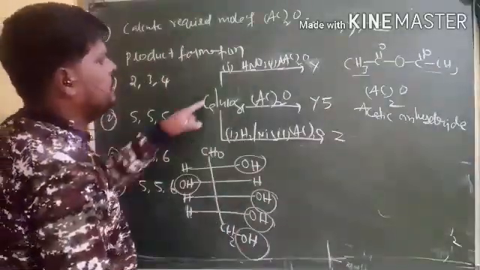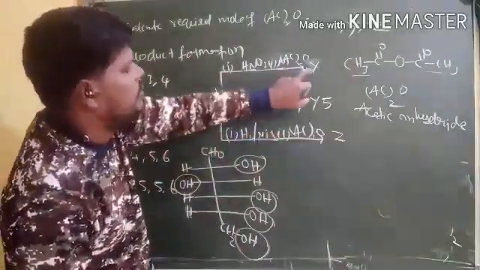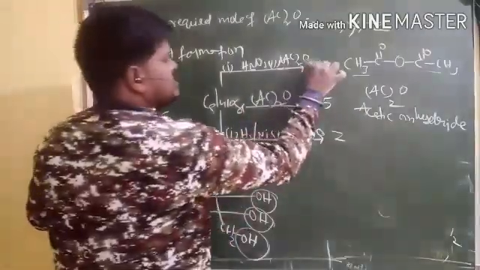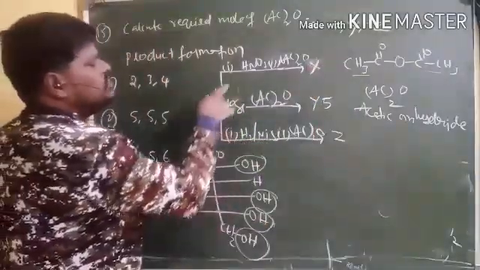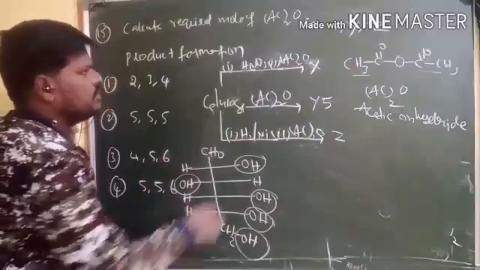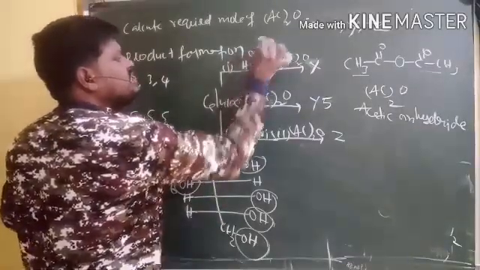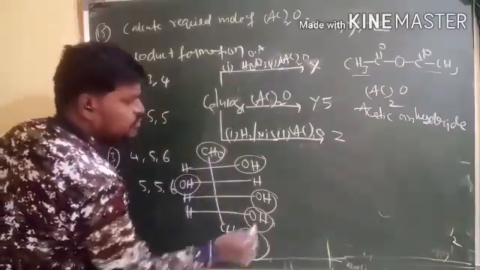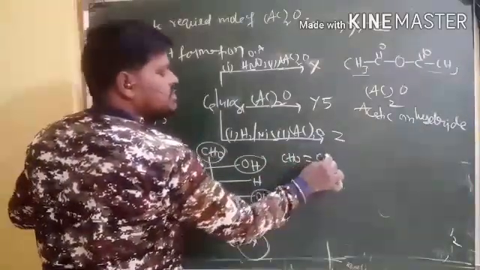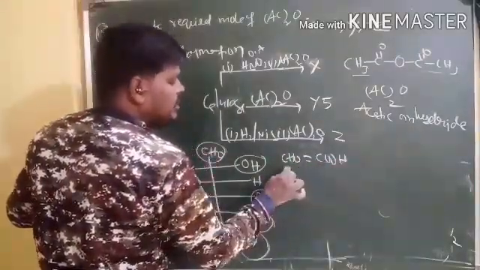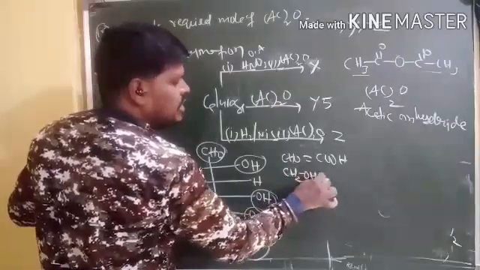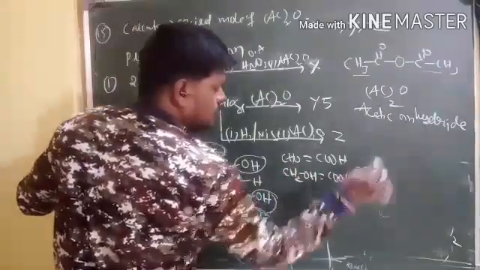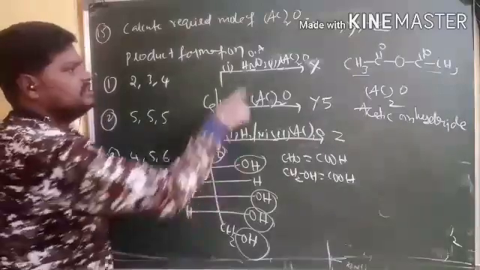And coming to X. When glucose reacts with HNO3, you know HNO3 is a strong oxidizing agent. That means CHO and CH2OH are both converted to COOH, carboxylic acid, on reaction with HNO3.